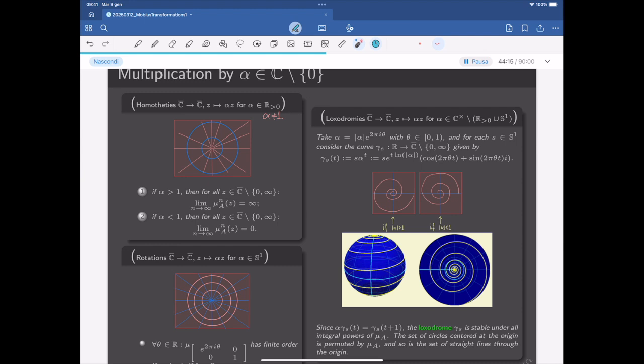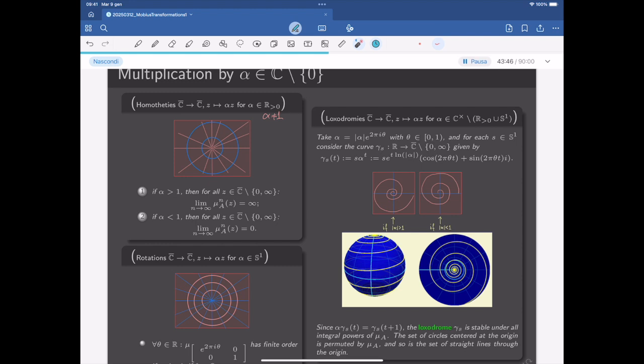Okay, obvious. And second, of course, if I take a circle and then I multiply it by alpha or by alpha inverse, its image is another circle, of course, centered at the origin. Right? So the family of circles centered at the origin is permuted.